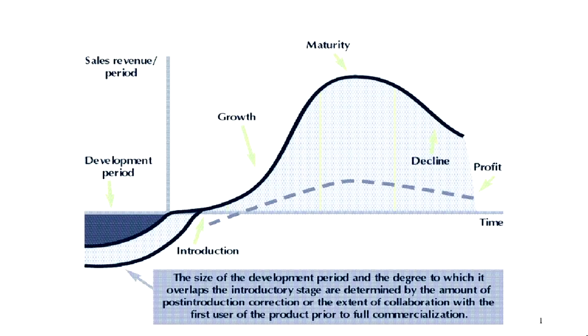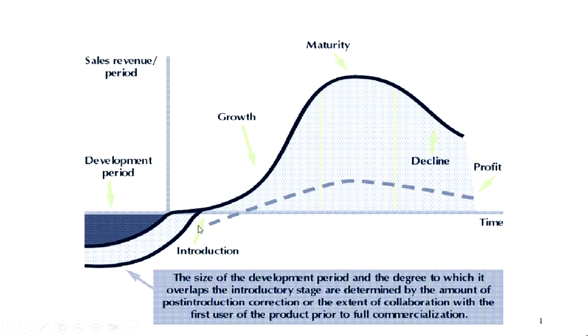So, we will start with this diagram that you see in front of you, which is the classic diagram of product life cycle, abbreviated as PLC. You see here we have on the y axis the sales revenue per period or aggregated or accumulated sales revenue over the period, and we have time on the x axis.